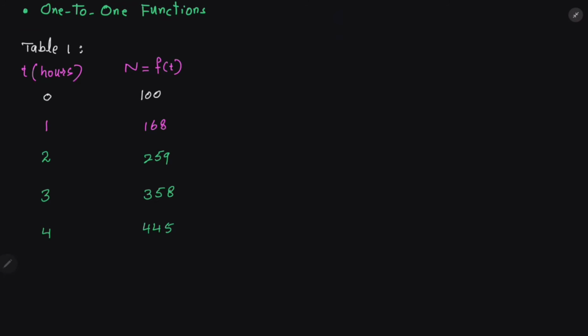So from this the biologist find out there is a relation between time t and the number of bacteria, and we call that function of t, where n is a number of bacteria, f is a function, and t is an input.